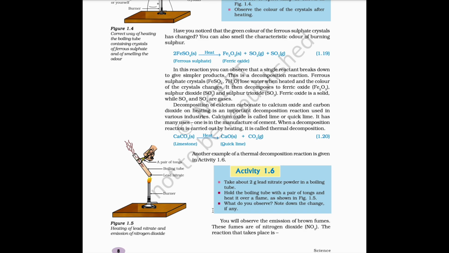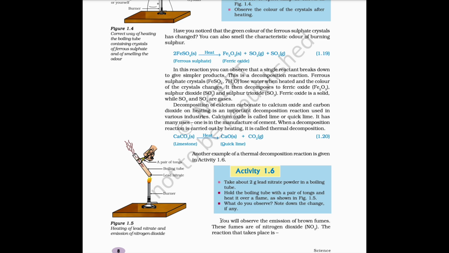Another example of a thermal decomposition reaction is given in Activity 1.6. Activity 1.6. Take about 2 gram lead nitrate powder in a boiling tube. Hold the boiling tube with a pair of tongs and heat it over a flame as shown in figure 1.5. What do you observe? Note down the change, if any.